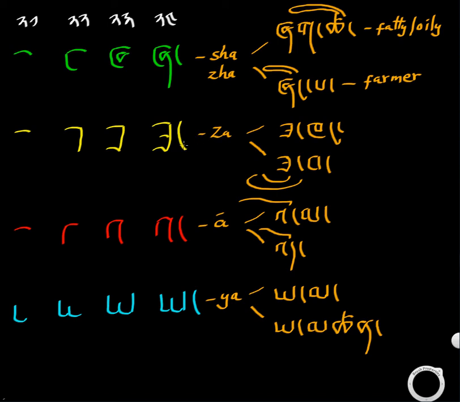This is sa. Sa, ka, nga, kang, sakang. Sakang means restaurant. R-E-S-T-A-U-R-A-N-T. Restaurant.